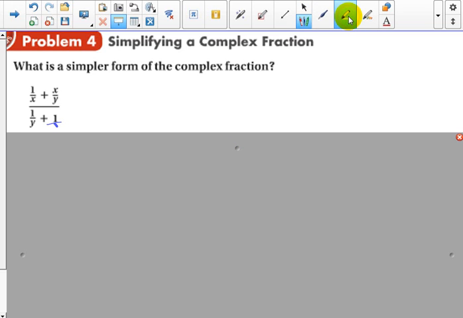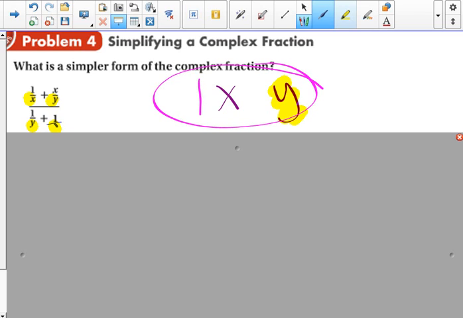What are our denominators in this? We've got an x and a y, and then below we've got a y, and I turned that one into a fraction, so a y and a 1. Well, we already have y, and now we've got 1. So when you multiply all these together, you just get 1xy, or we don't write that 1, we just say xy.